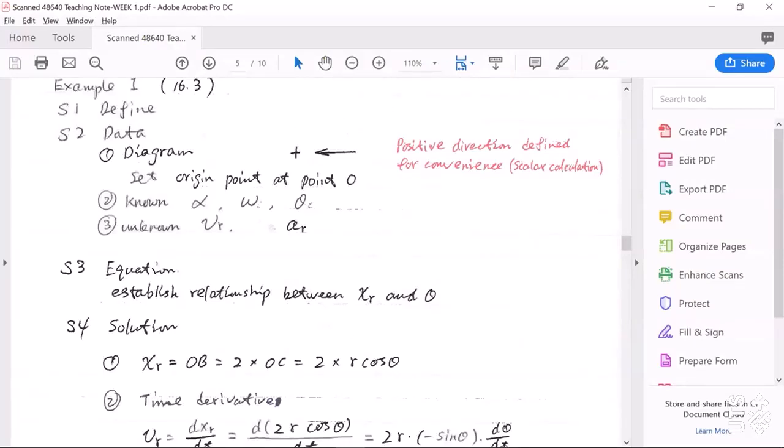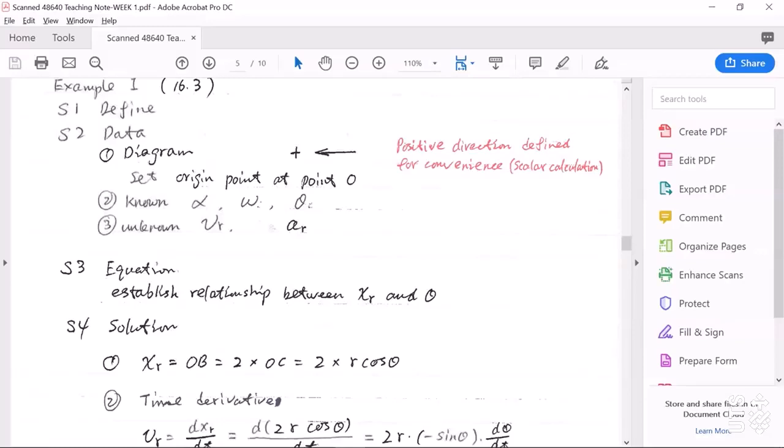In this problem, alpha, omega, and theta of the cam have been known. What's unknown is Vr and Ar. Vr is the velocity of the rod.